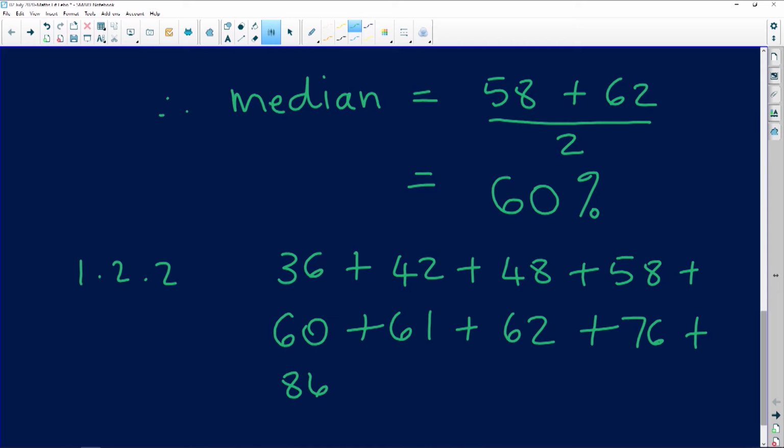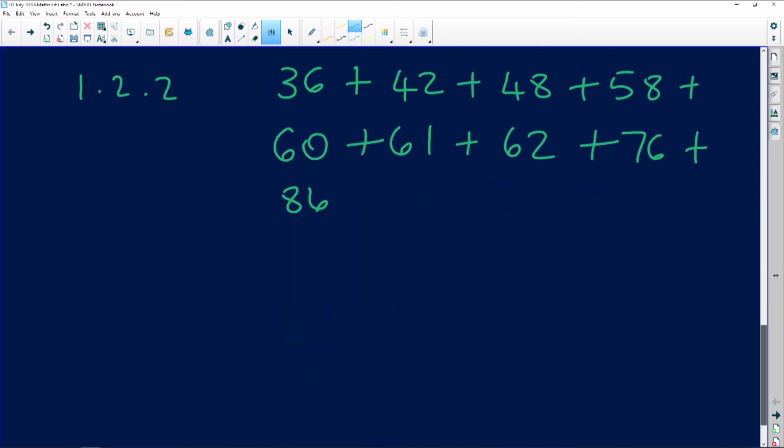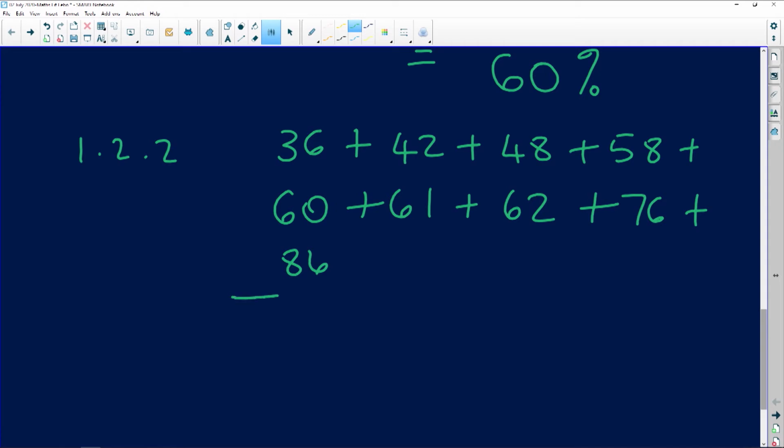And we know that Bianca has 9 marks. So what do we do in this particular case? We take these marks and we divide them by 9. You get a mark for adding and you get a mark for dividing by that 9 over there. So don't be scared, guys.